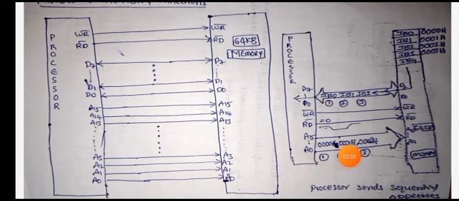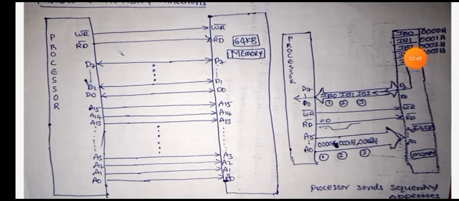And next the processor issues the second address, 001. Within the 001 address, instruction byte 1, IB1, is there. So this instruction byte 1 is transferred through the data pins, through the data bus, and enters into the processor. So IB1 is executed, and next the processor sends the 002 address.